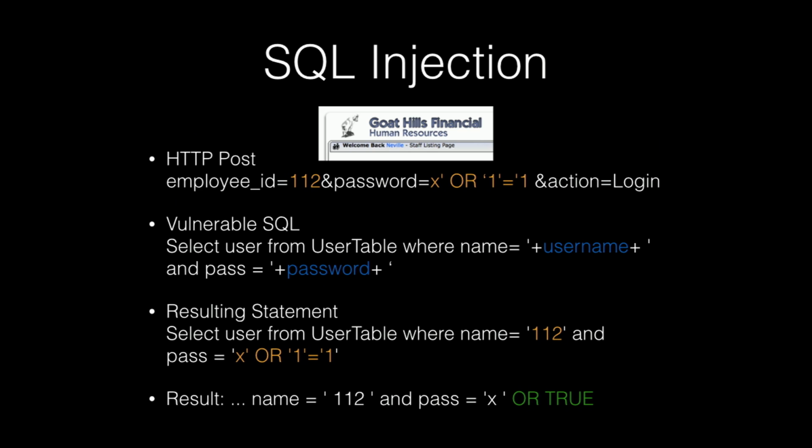The vulnerable SQL statement is built like this, and the resulting statement is this, where name equals 112 and pass equals X or 1 equals 1. Since we know or 1 equals 1 is always true, that will return true and let you into the application. So you can actually do the username and password bypass via SQL injection as one of the virtual labs.